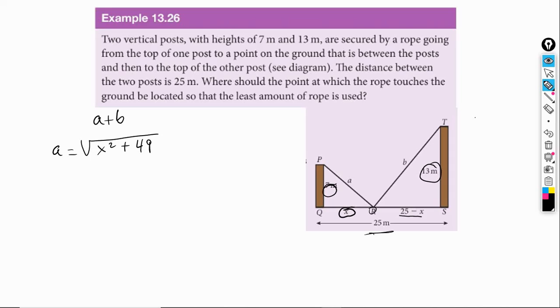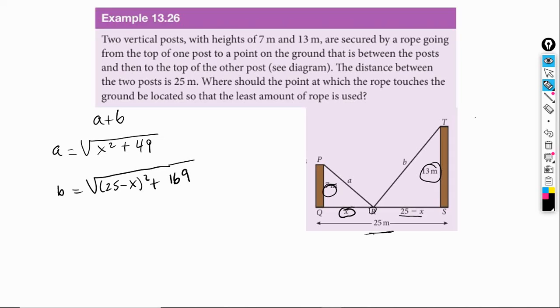And then B would be equal to the square root of 25 minus x squared plus 13 squared, which is 169.